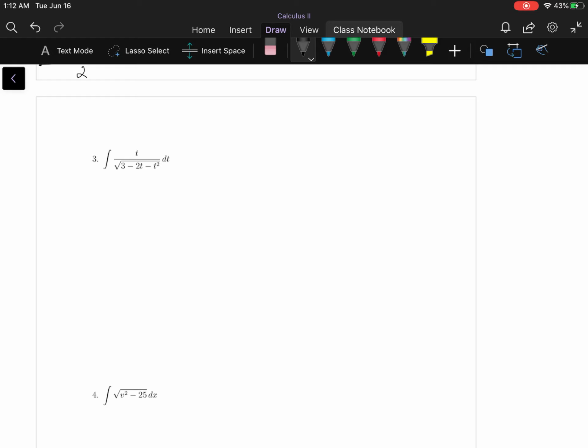So I'm going to complete the square on top. So 3 minus 2t minus t squared. What does this look like? I'm going to keep the 3 there, minus, and I'm going to look at 2t plus t squared.